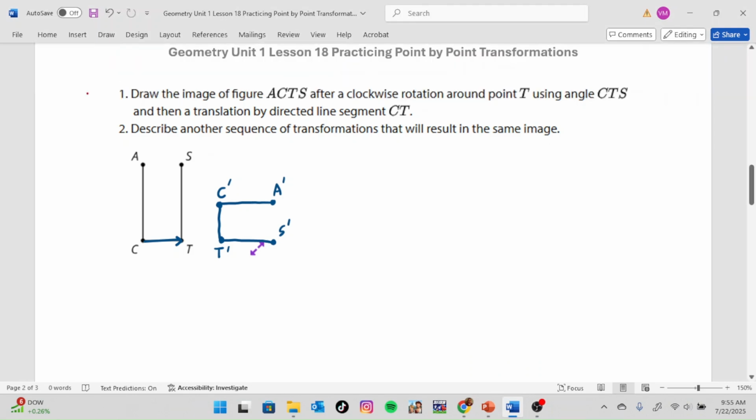Number 2, describe another sequence of transformations that will result in the same image. In this case, since we're talking about sequence, all we really need to do is reverse the previous sequence. It'll still give us the same image.